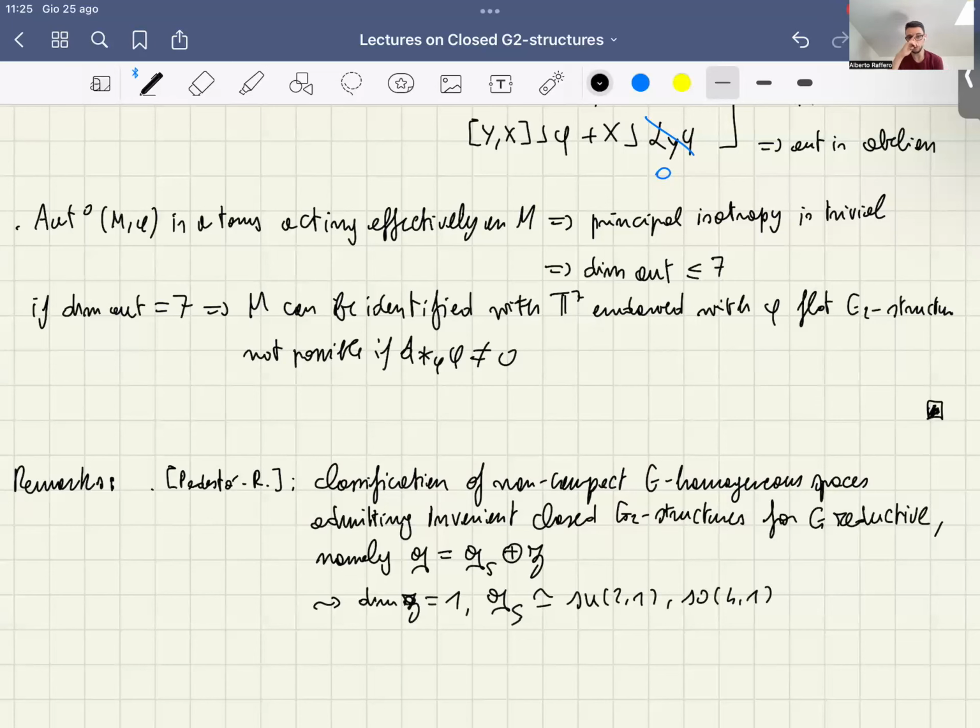These are the only possibilities you have in the non-compact homogeneous setting when the group is reductive.